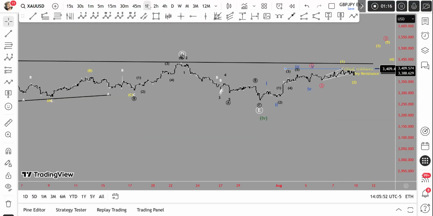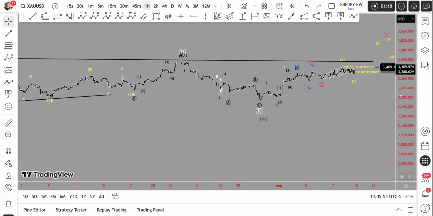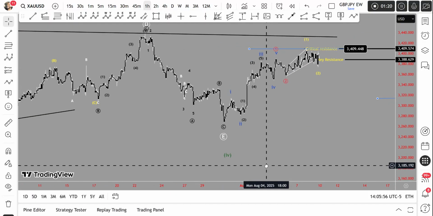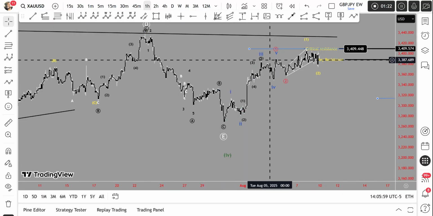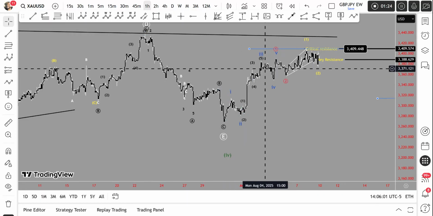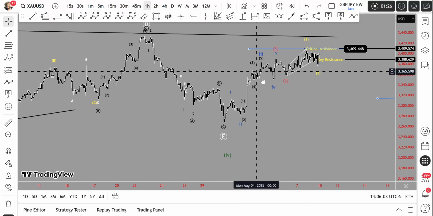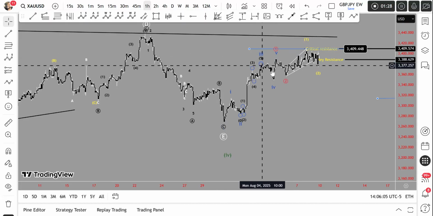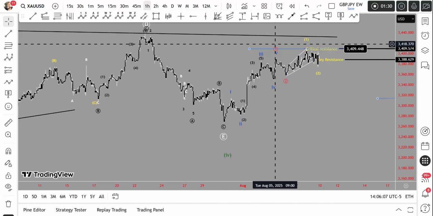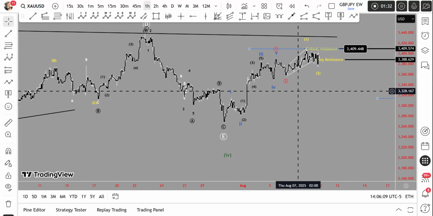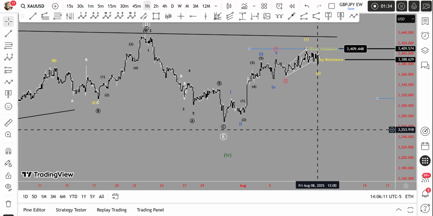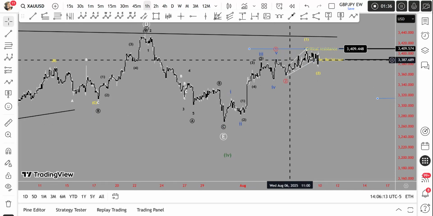So, it looks like we came up in 5 clear waves. So, we got our 1, 2, 3, 4, 5. And instead of this being an A and coming back down aggressively, it looks like we kind of consolidated in this area.